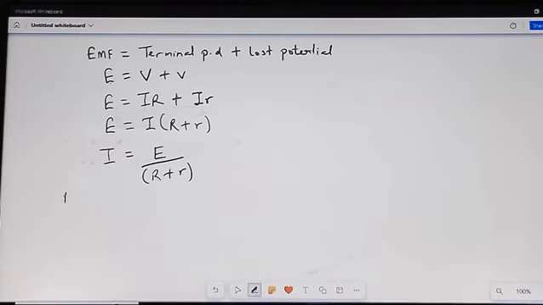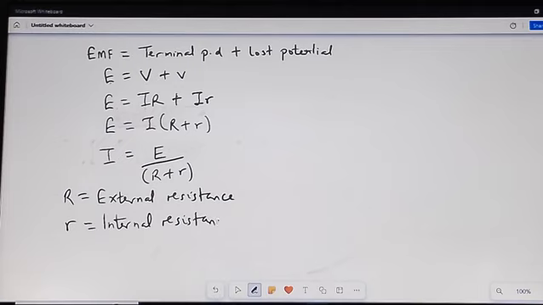So in our equation, capital R is equal to the external resistance, while small letter r is equal to the internal resistance of the cell.